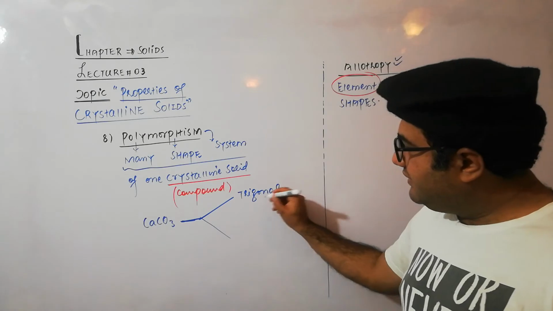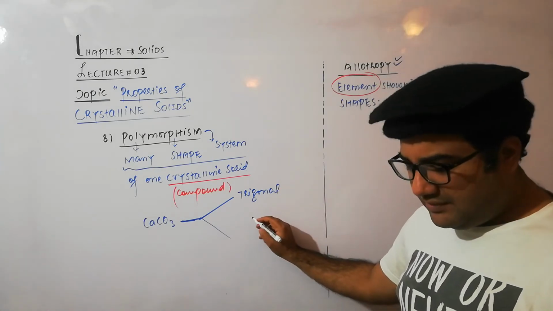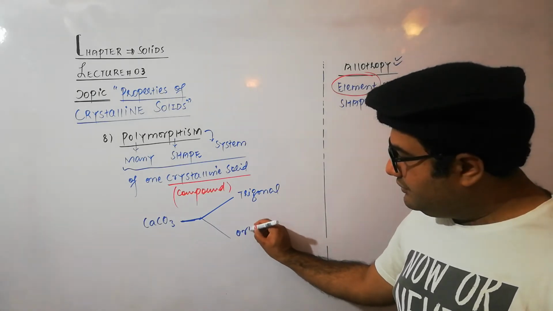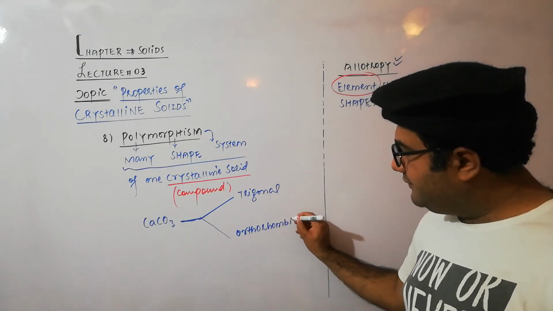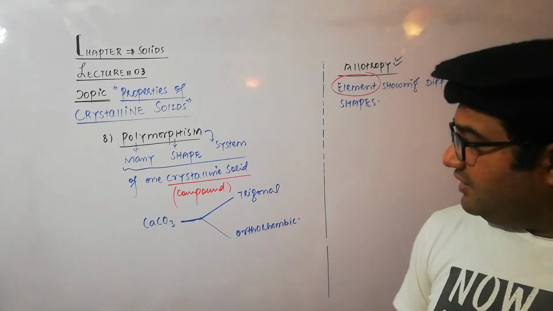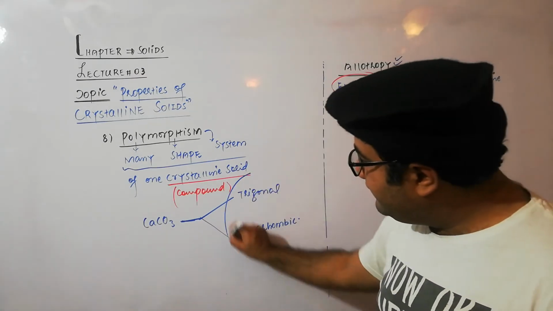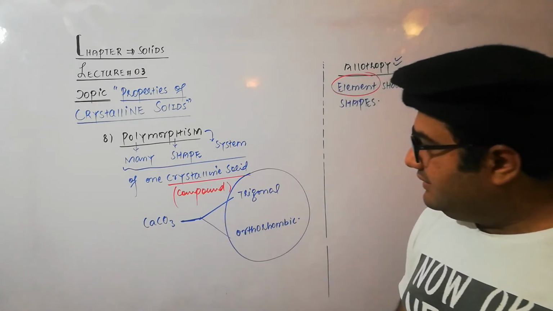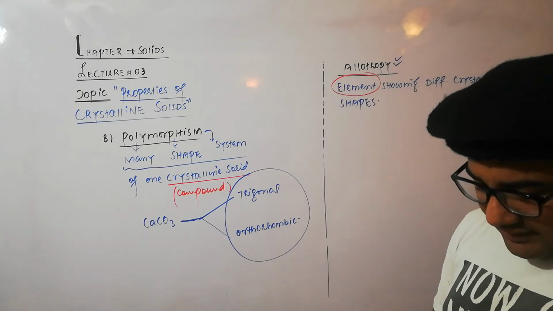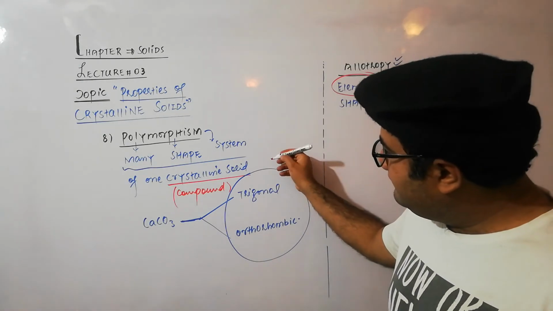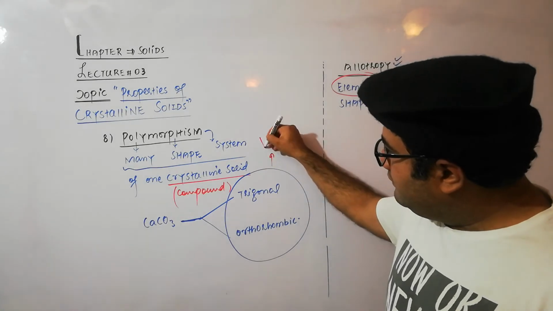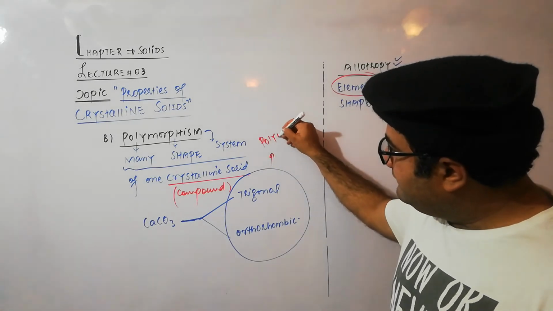Sometimes it exists in the trigonal crystalline shape, and other times it shows the orthorhombic shape. Now when calcium carbonate exists in these two different shapes, the compound is the same but the crystalline shapes are different, so these are called polymorphs of each other.